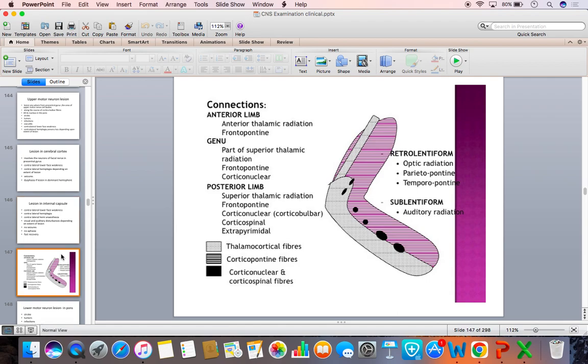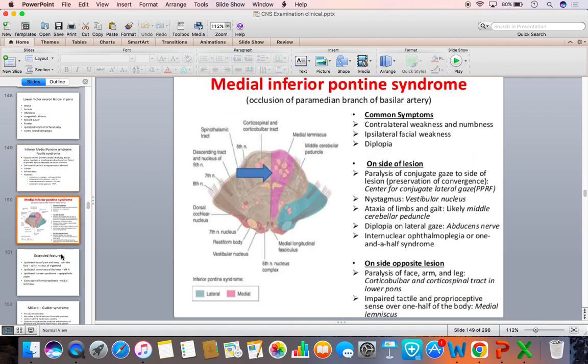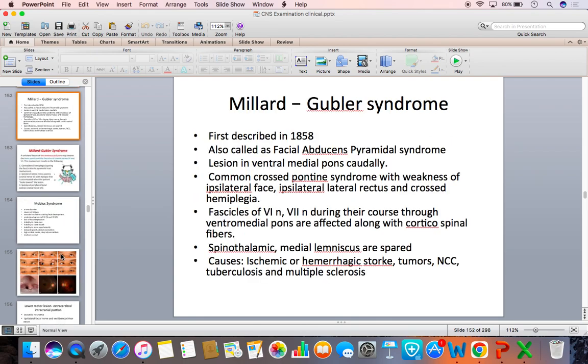That is one is the Foville syndrome, other is the Millard-Gubler syndrome, in which the facial nerve fascicles are involved in this part of the infarction involving the pons.